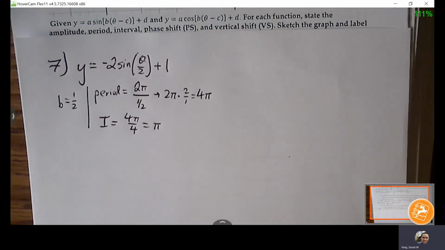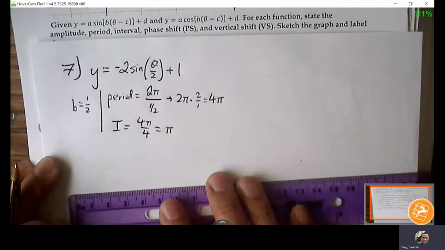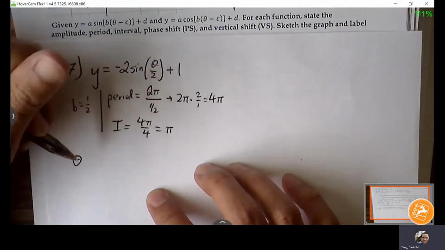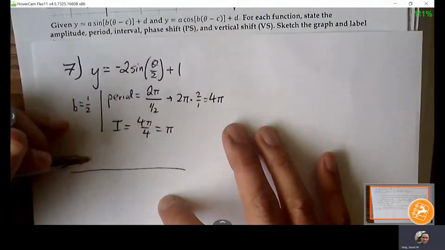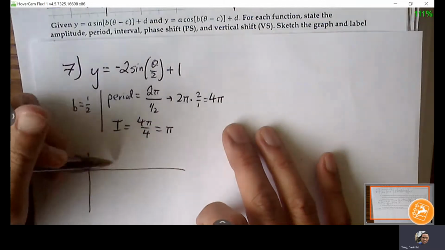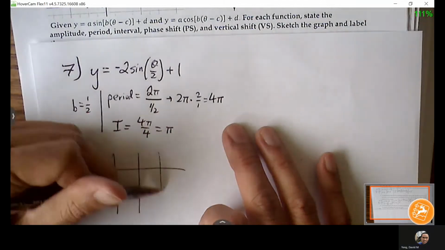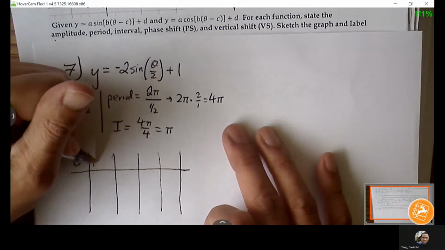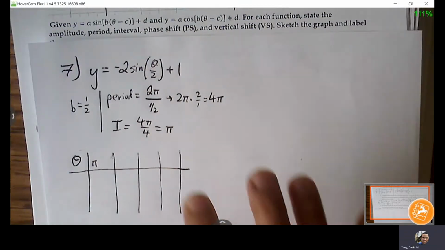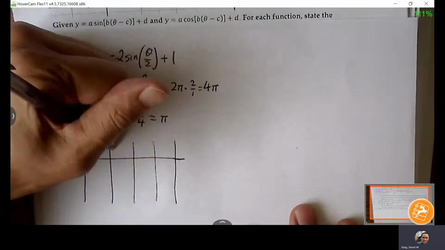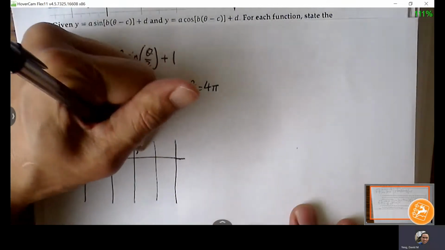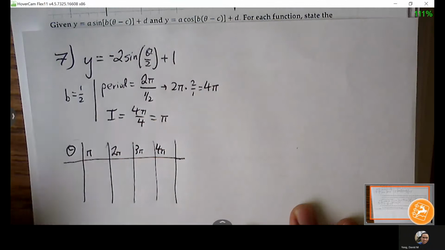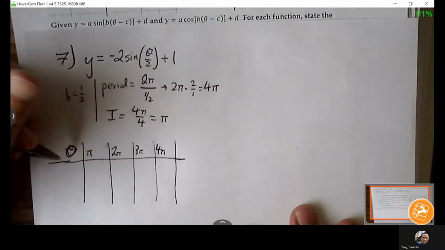We'll fill out our table, and then okay, interval is pi, so we're going to keep adding pi. Oops, sorry, there should be 0 here.